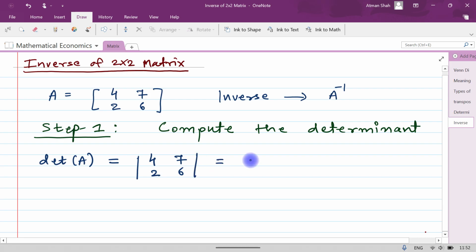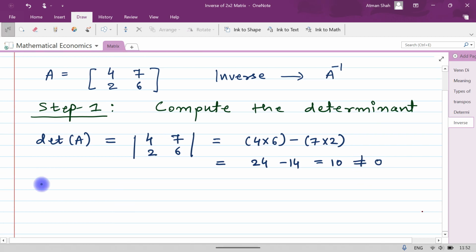So it is 4 into 6 minus 7 into 2. So this is equal to 24 minus 14 is equal to 10, and this 10 is not equal to 0.